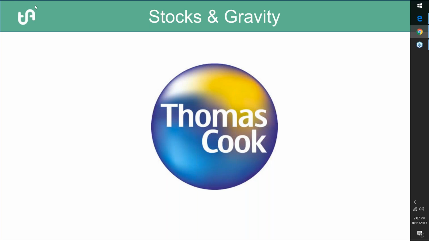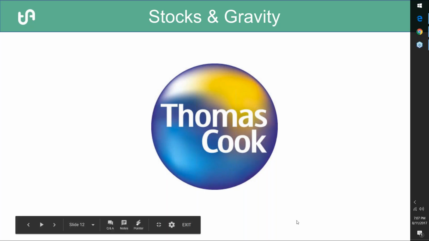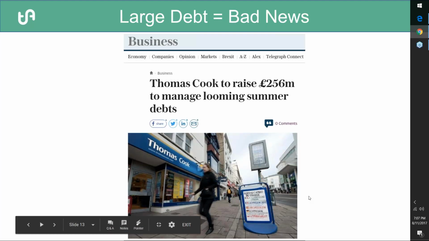And let's see how this applies to the stock markets. Okay, so we all know Thomas Cook, right? Whenever we go to the airport and we want to get currency exchanged, Thomas Cook is where we go to get currencies exchanged. Now, this is a very interesting news item.